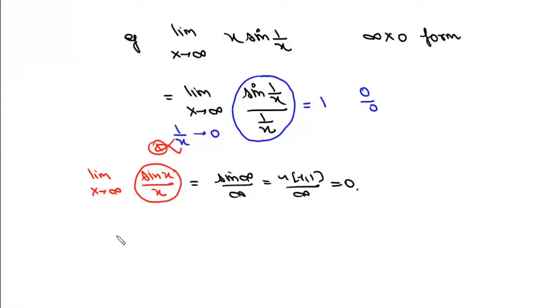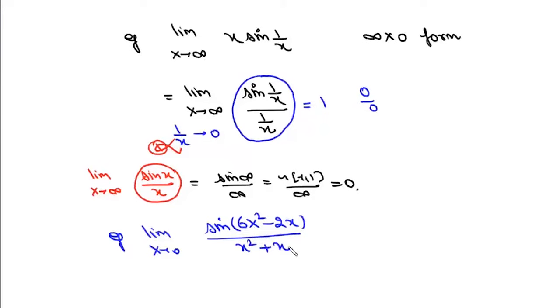And the second thing is, while solving problems, say for example, we have this limit x tends to 0 sin(6x square minus 2x) upon x square plus x. Now if we check its form, it will be sin 0, which is 0, and this is 0 upon 0 form. Now when x tends to 0, 6x square minus 2x also approaches 0.